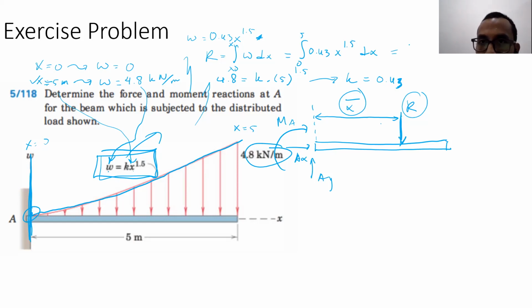Okay, so it's supposed to be 0.43 over 2.5, x to the power of 2.5, like this, right? Yes. Okay, and the limit is from 0 to 5. What is the value there?